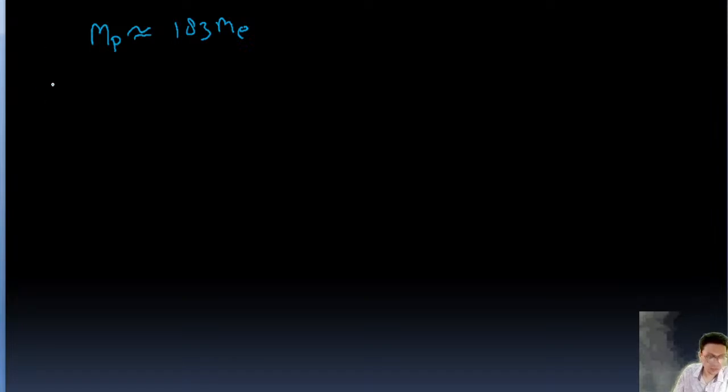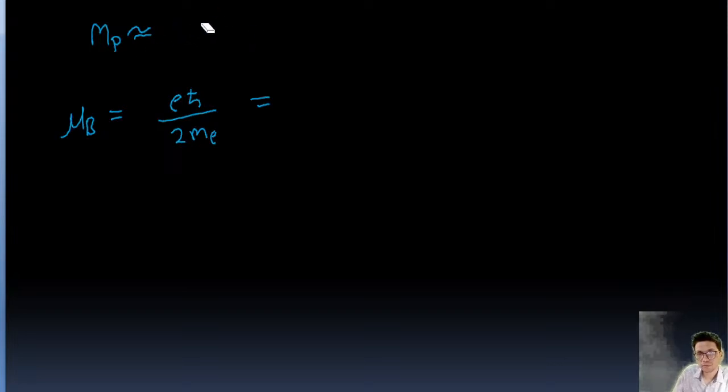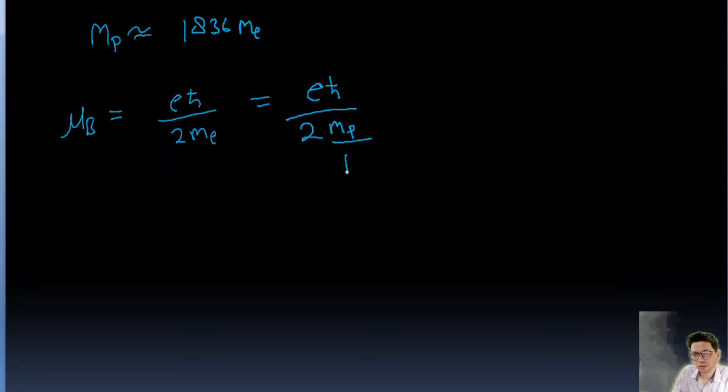And mu B, the Bohr magneton, is e h cut upon 2me, or instead of me we can write mp upon 1836, so e h cut upon 2mp into 1836, and that value is mu n.